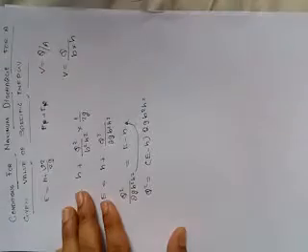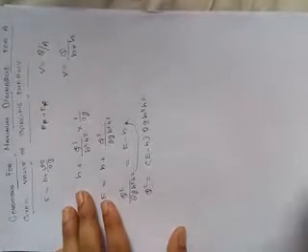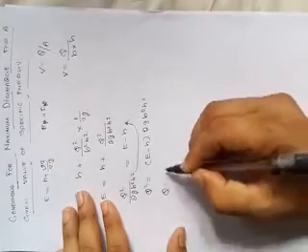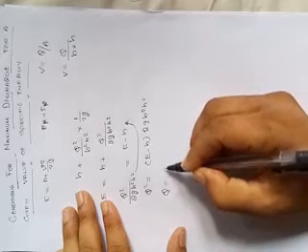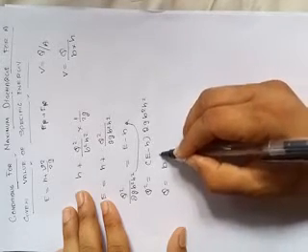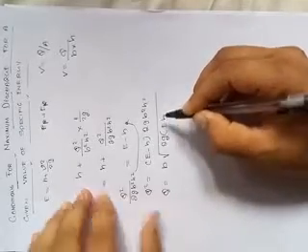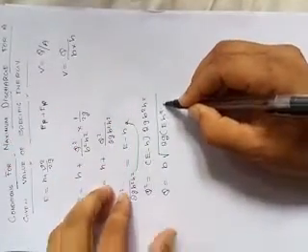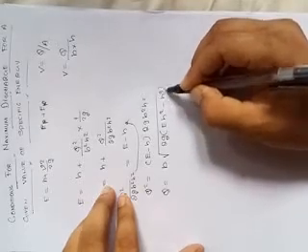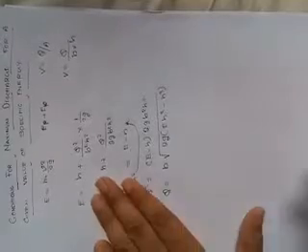Taking the square root of both sides, Q is equal to B into root over 2G into EH square minus H cube. Just simplify this equation. This is the final equation.